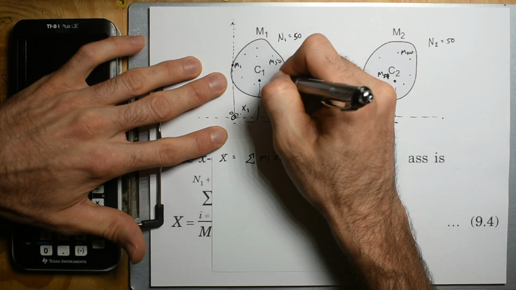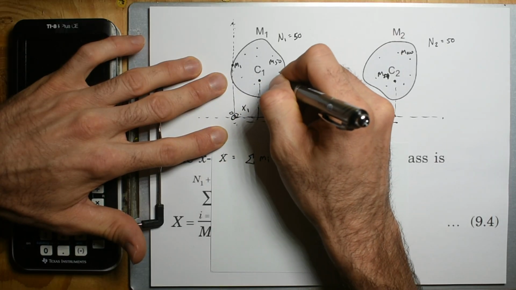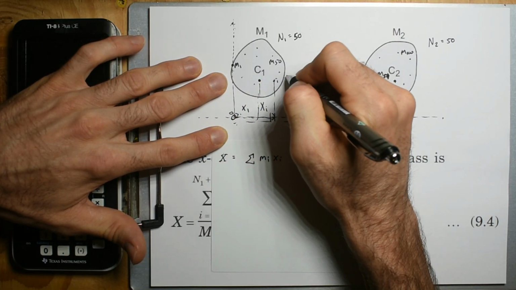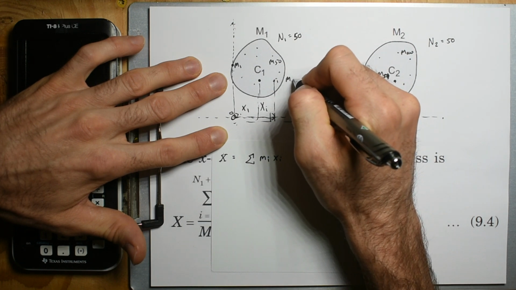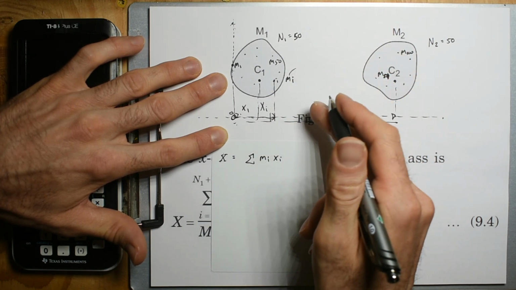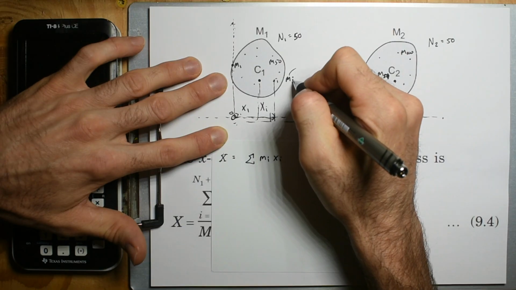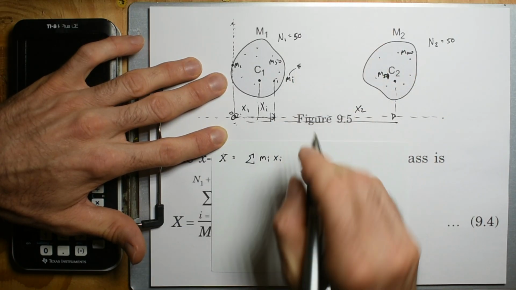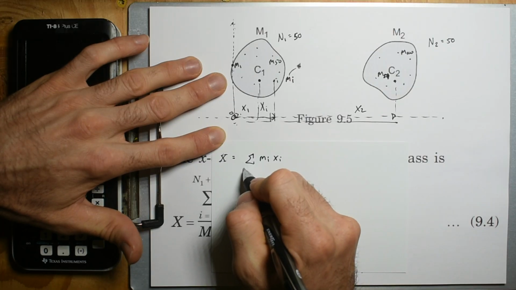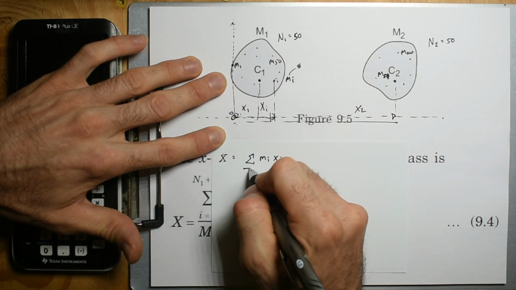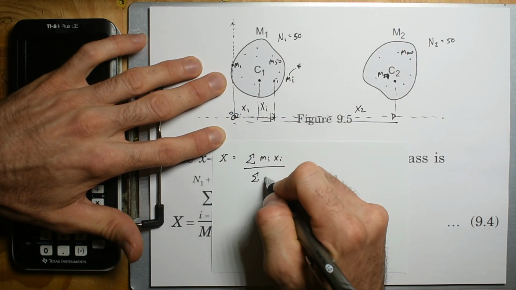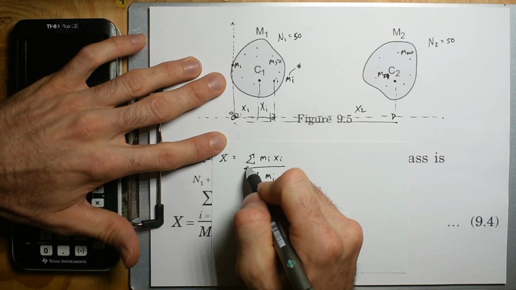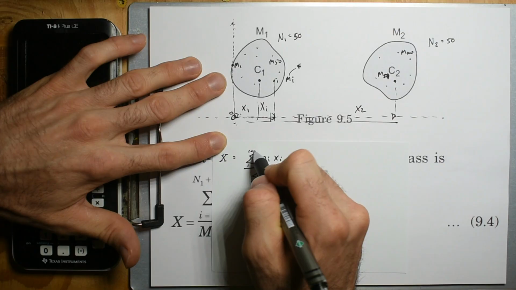And I can just pick an ith particle and say, this is the distance xi, and this ith particle is going to have a mass, mi, and the mass is the value right there. And I'm going to do that for all the particles, and then divide it by the summation of those masses. And this is going to be 1 through 100.